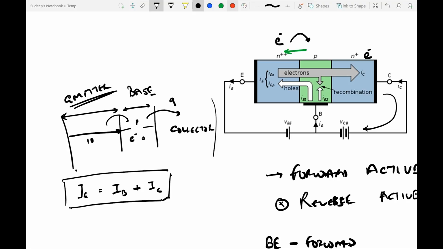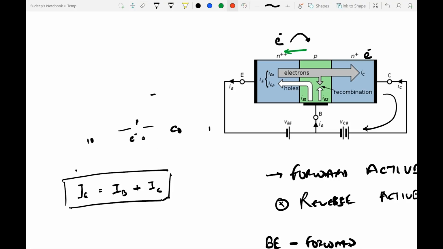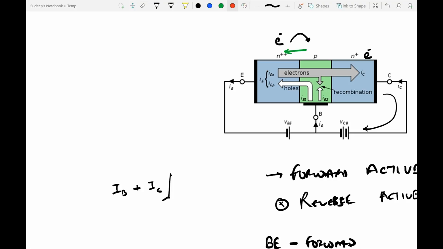But now we have to understand how this transistor in a forward active configuration is acting as an amplifier. If you look at our emitter and base junction, we have the emitter, we have the base, and then we have the collector.